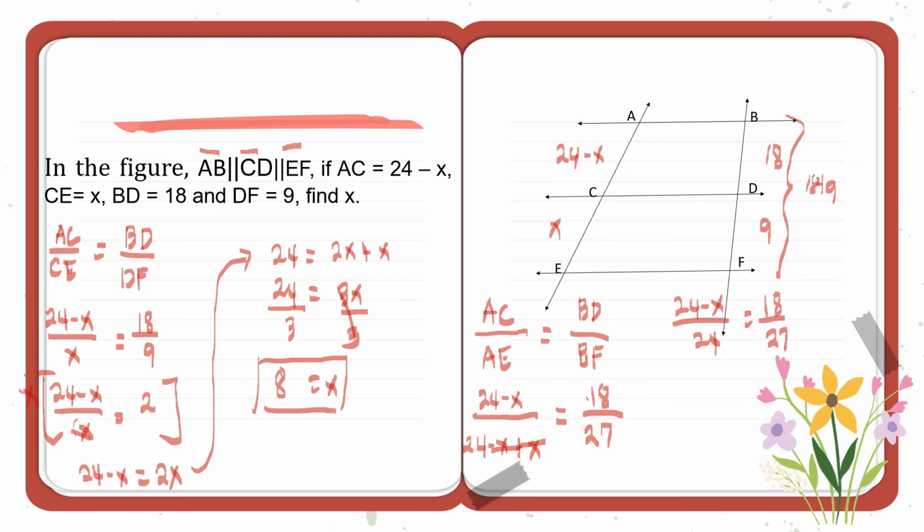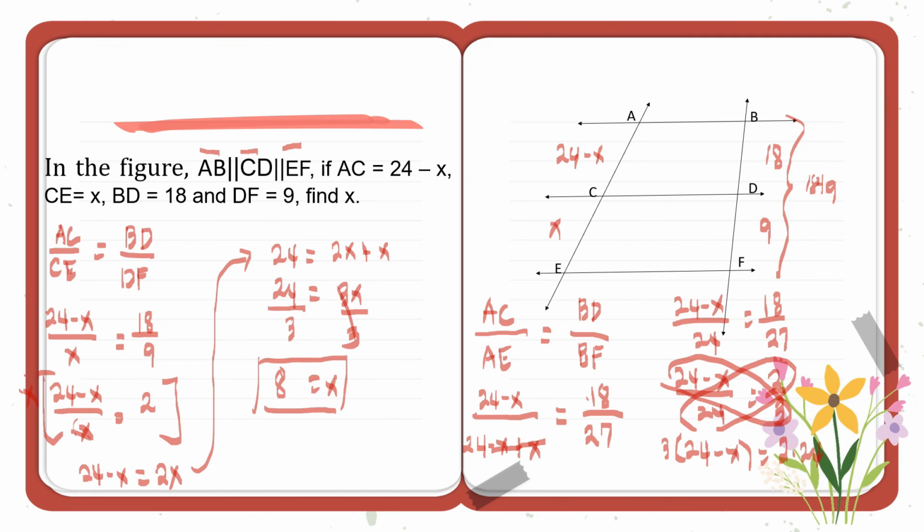We can also simplify 18 and 27. They are both divisible by 9. So this becomes 24 minus X over 24 equals 2 over 3. So by cross multiplication, we have 3 times 24 minus X equals 2 times 24. So 3 times 24 is 72 minus 3 times X is 3X, equals 2 times 24, which is 48.